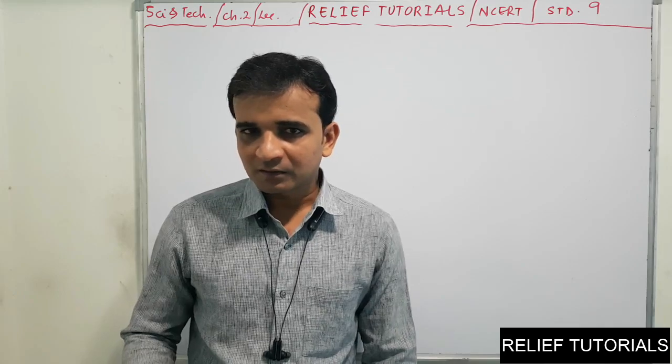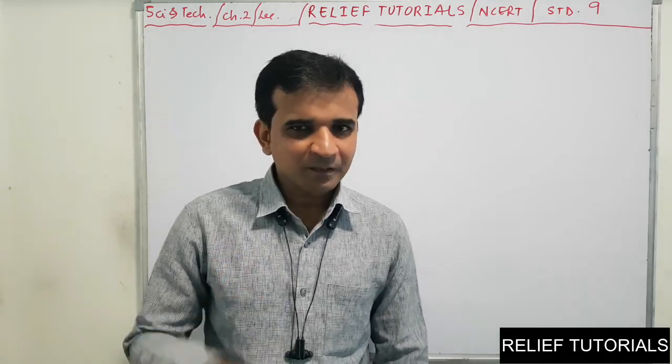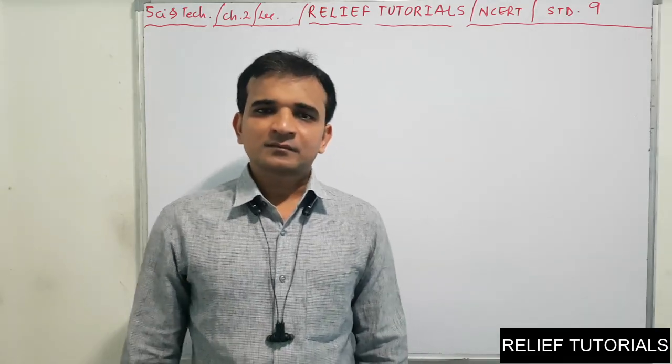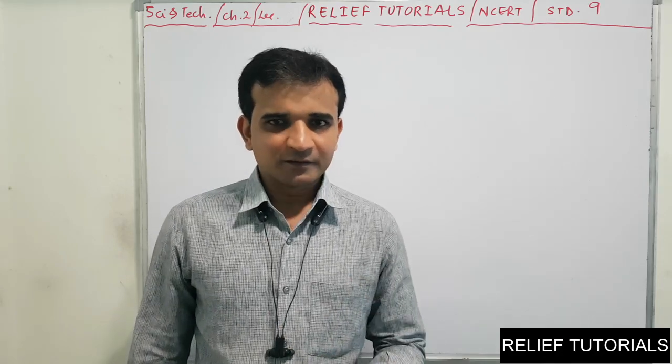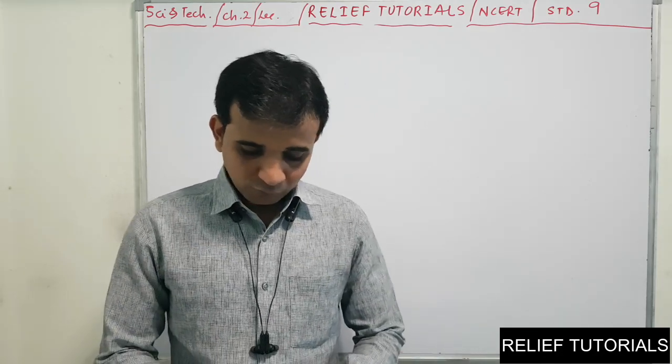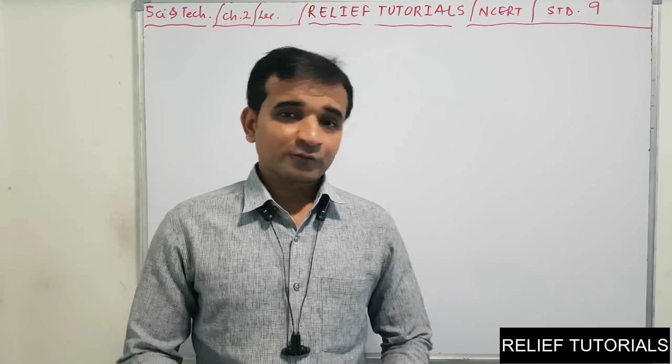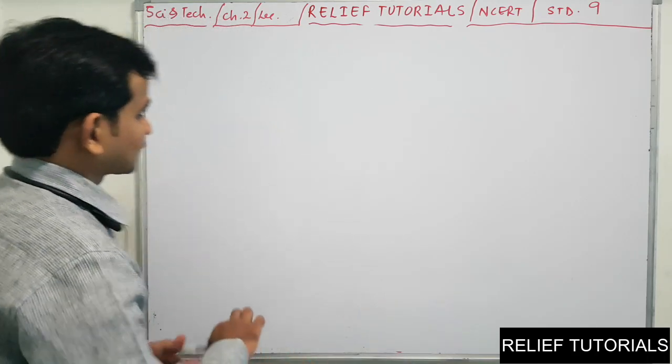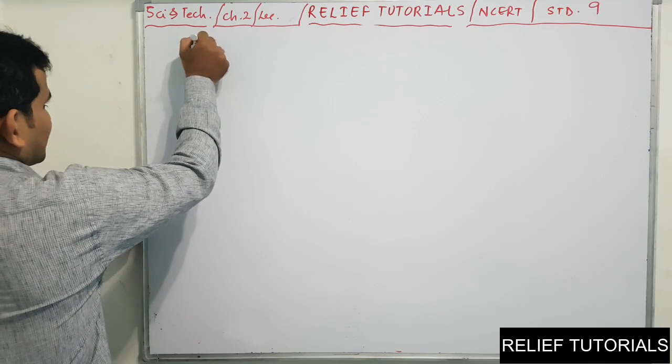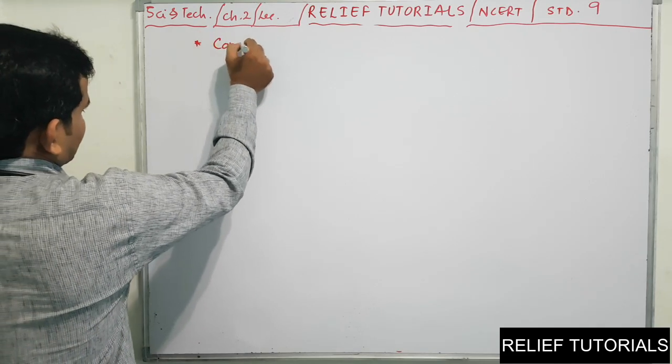They are not visible with the naked eye. Even a light beam cannot be scattered, and these particles cannot be filtered either. Now, one more property of a solution is the concentration of the solution. So today's topic is about concentration.